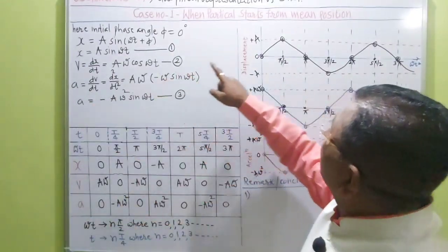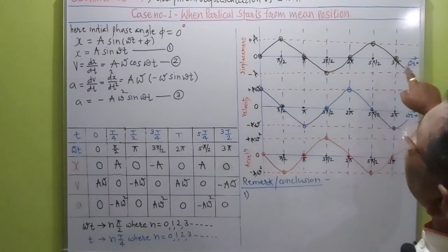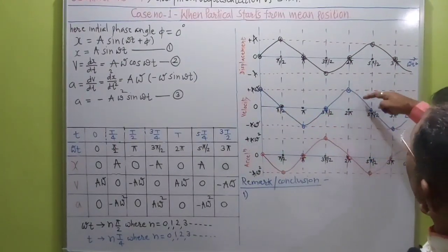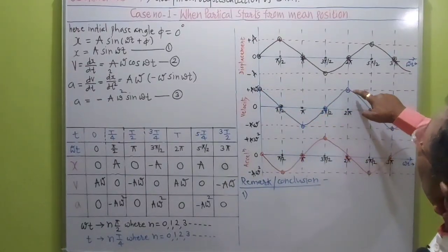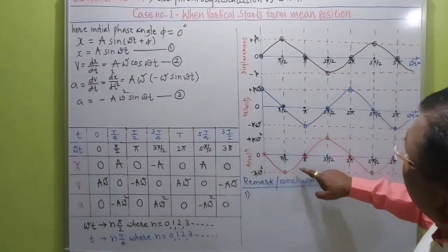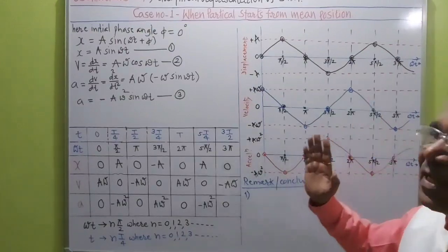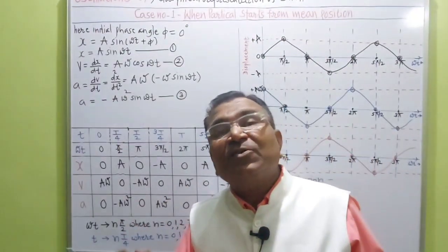See here, this is the first oscillation, and from 2 pi the second oscillation starts. So every curve repeats itself after a phase of 2 pi.